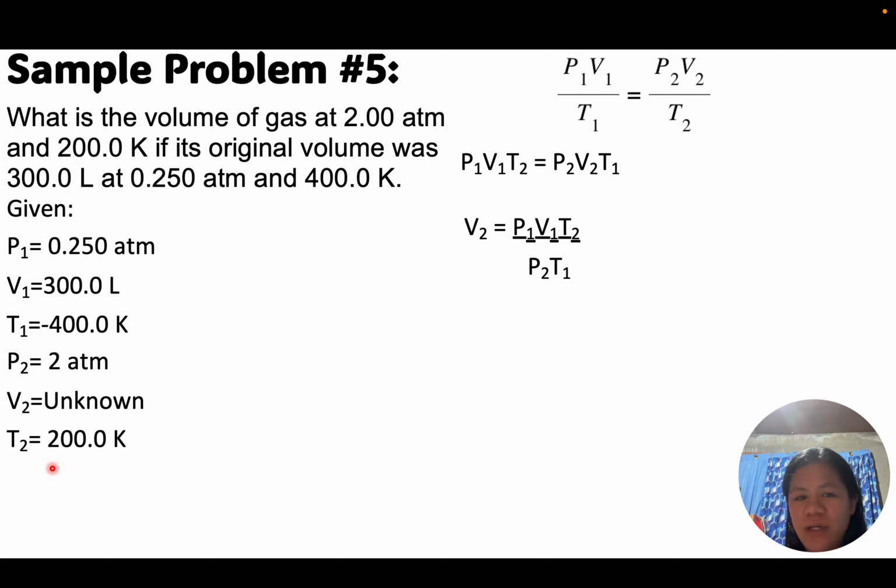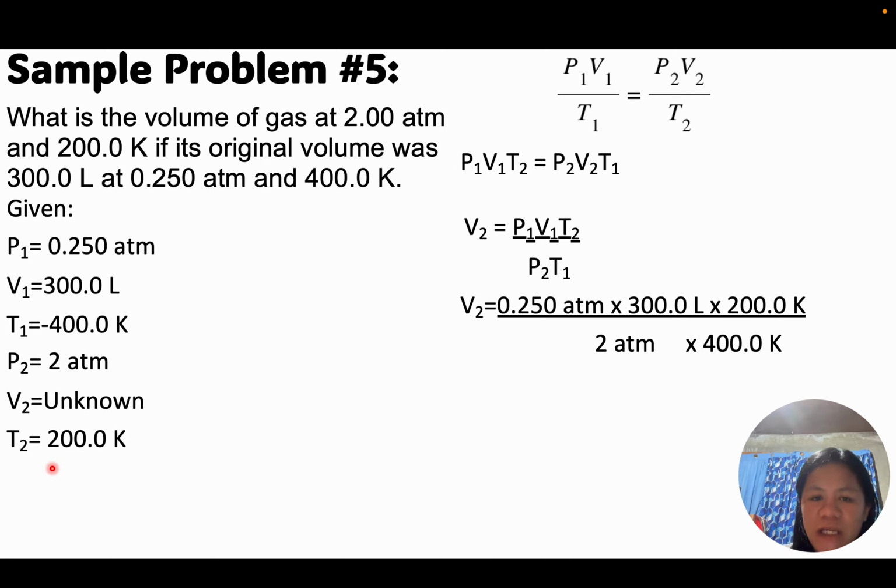And V2 naman, no, is so familiar na based sa mga previous na problem. So, ilalagay lang natin yung mga amounts or values, no? Multiply muna natin ito lahat. Of course, cancel, no? Kelvin, liters yung maiiwan natin na value. So, pag i-multiply natin, no, both, and then divide, ang V2 natin is 18.75 liters. Okay?